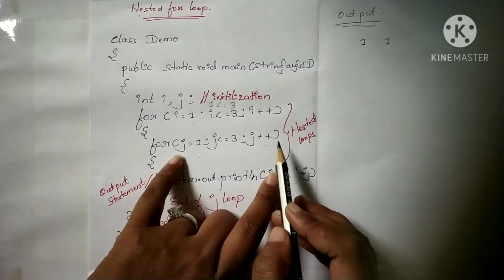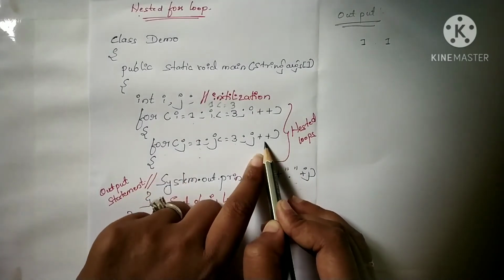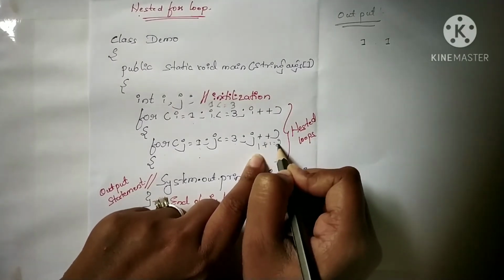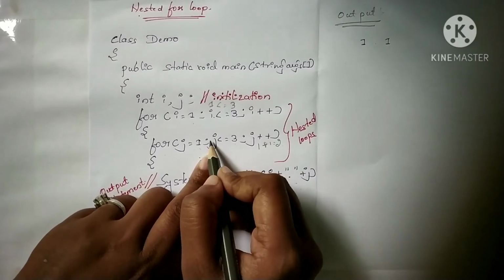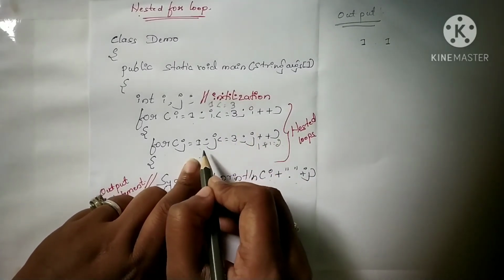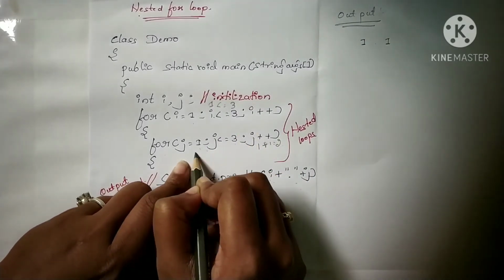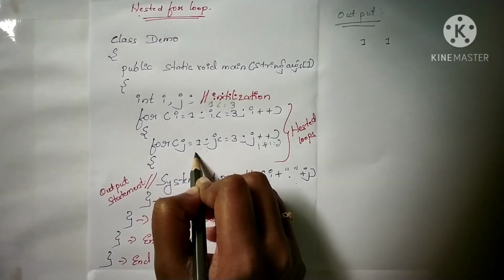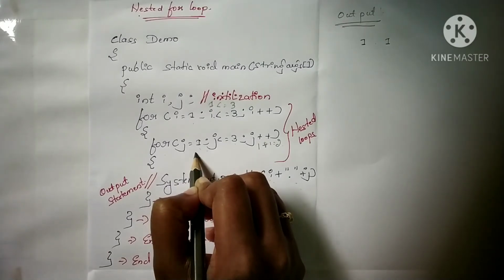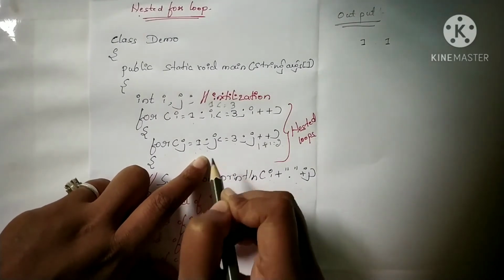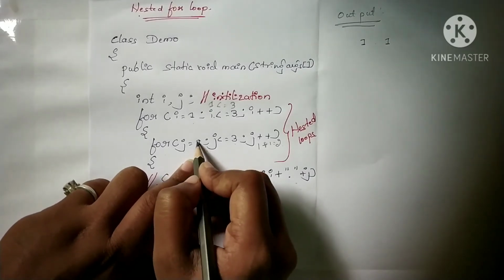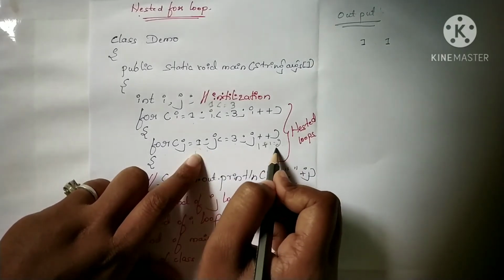And again j value will be incremented by 1, that is 1 plus 1 equal to 2. Now again we check this inner for loop. The inner for loop executes until the condition becomes false. If the condition is true, then again we have to check the condition. j is initialized to 2, that is incremented.